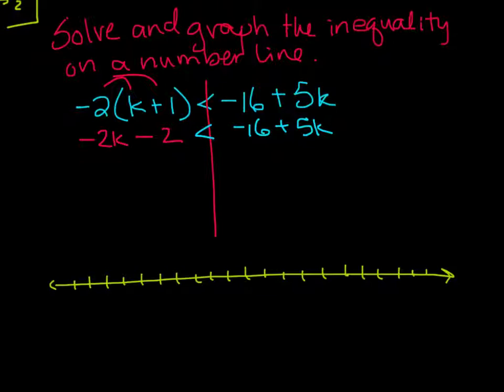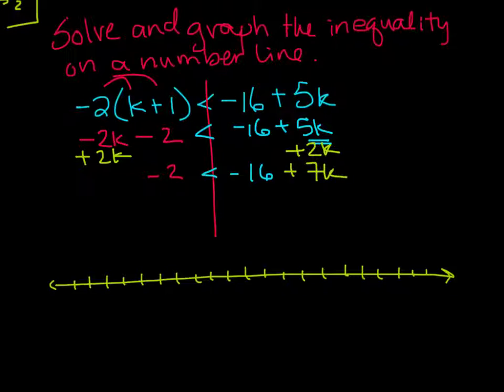All right, negative 2k plus 2 is less than negative 16 plus 5k. The easy way to go about this, because I have a positive number already with the variable, is to add 2k to both sides. So I'm going to combine like terms. I just have a 2 is less than negative 16 plus 7k, since 5k plus 2k is 7k.